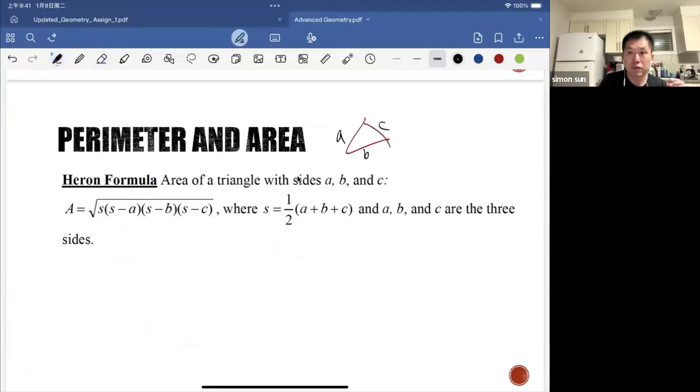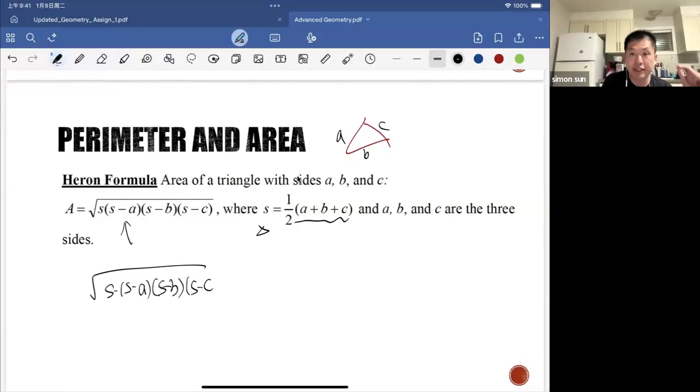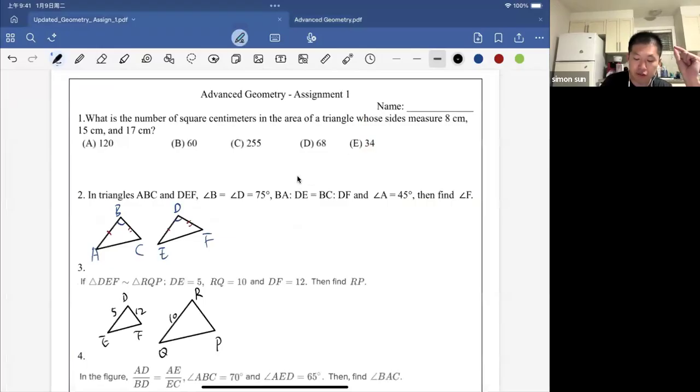We calculate the perimeter, divide by 2, and mark that as S. Then we plug into the formula: the square root of S times S minus A, S minus B, S minus C, to calculate the final result. That is actually the first question.